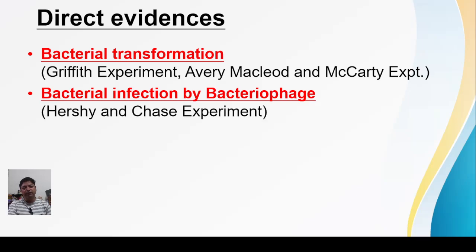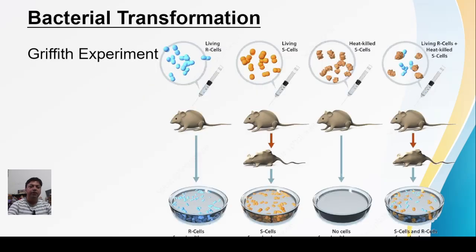So moving with the first one, I am going to start with bacterial transformation, which I will prove with the Griffith experiment as well as the Avery, MacLeod and McCarthy experiment. The bacterial transformation. The first direct evidence for DNA as genetic material is from the Griffith experiment that was actually performed in the year 1928.